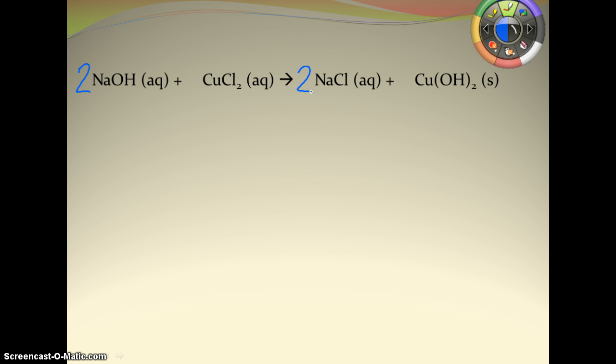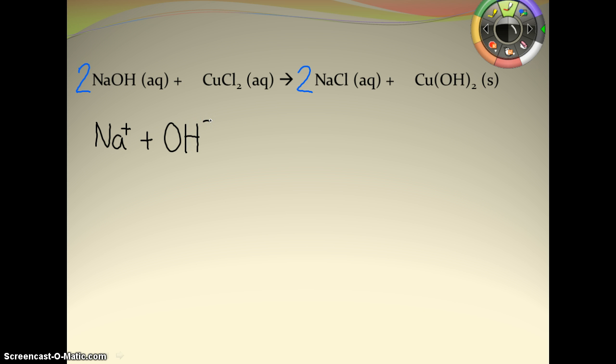So now what you would do is separate all of your aqueous components into their ionic form. The first one we have is sodium hydroxide. Sodium forms a +1 charge plus hydroxide, which forms a -1 charge.